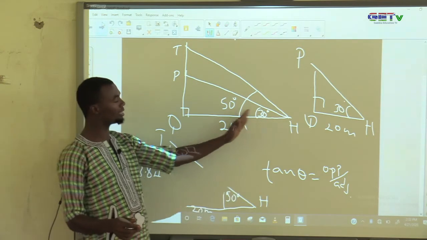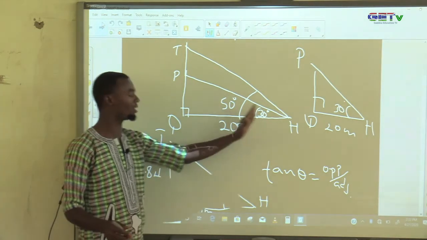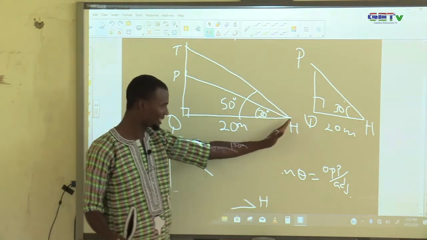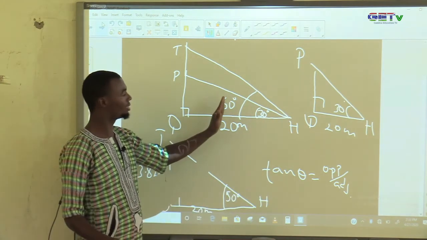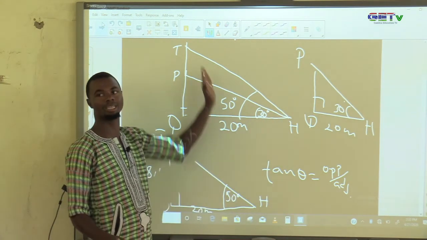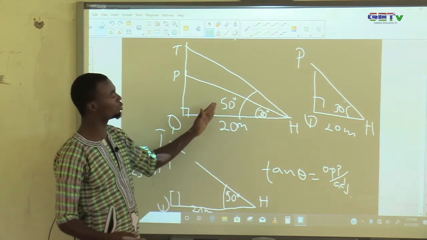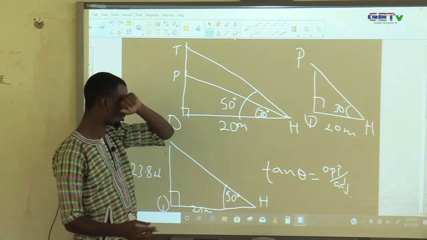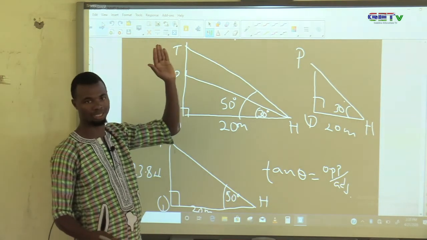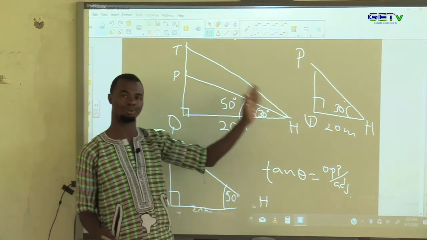Remember, if you are standing at H and you walk towards the tower, your angle of elevation will increase. As you walk closer, the turning point towards the object you are observing above increases. But if you walk farther, the angle reduces.